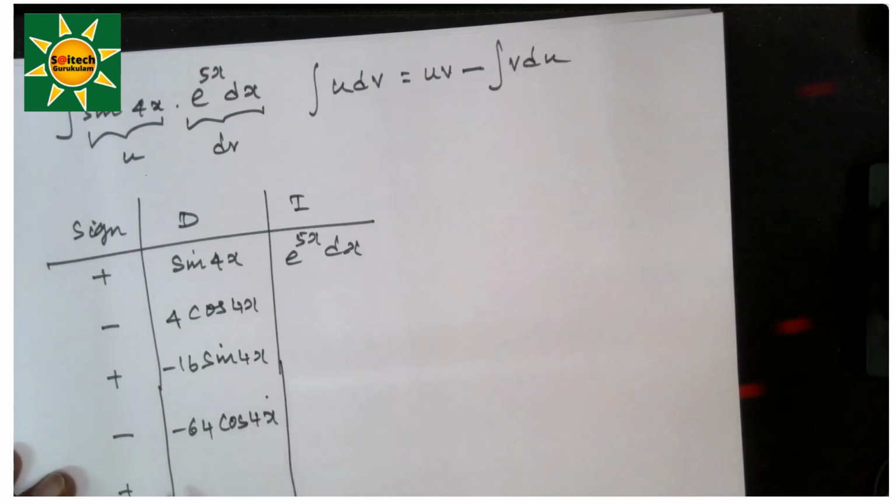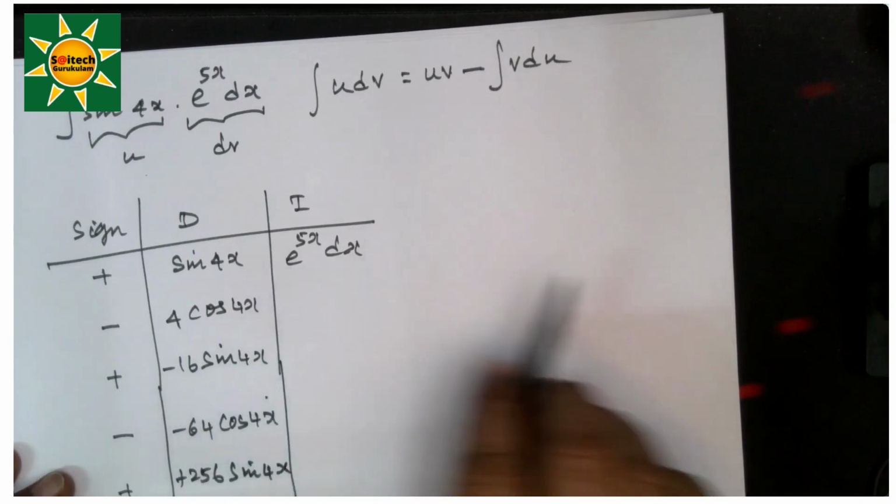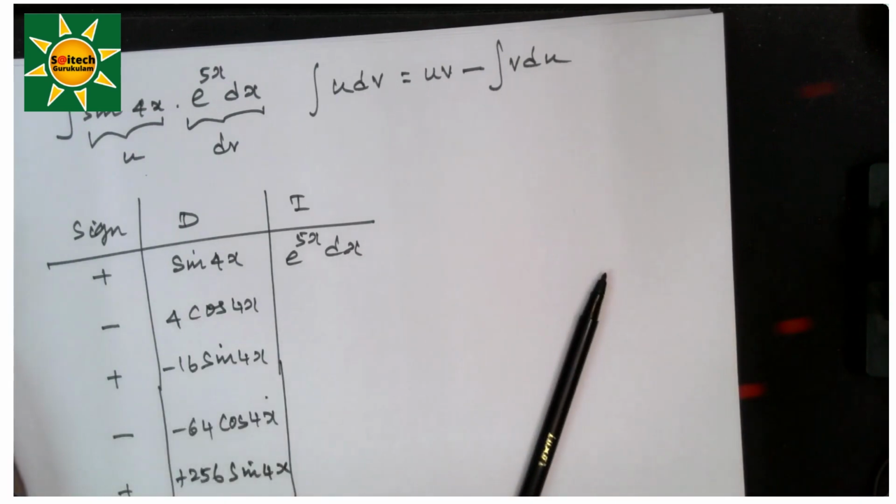Again we have to differentiate. So here you can multiply these two, so cos becomes minus, so minus or minus plus, therefore 256 sin 4x. Similarly, we had to proceed with integration.